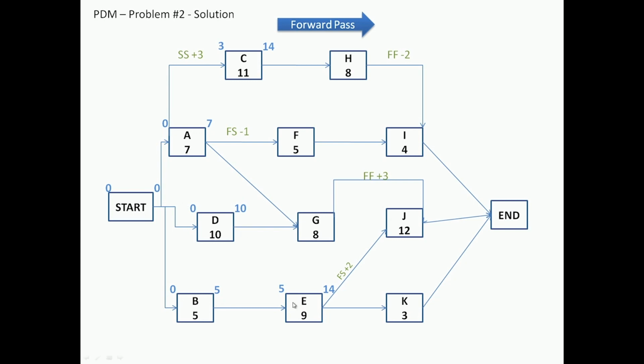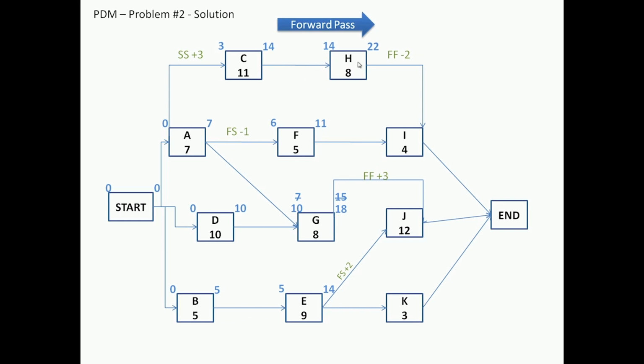I'm going to go through this, and I will stop where there are interesting issues happening. Here again we had 7, and because it's a negative lag, its early start is 6, and then plus the duration gives 11. Here we have two options, from 10 and from 7, and we apply the early start rule, the maximum early finish of the predecessor, and we get 10, 8, and then we go to 18 here.